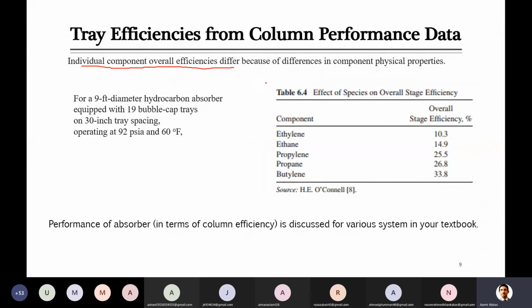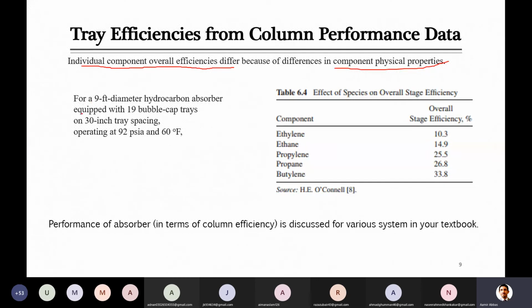The variation is due to the different physical properties of each component. As you can see in this table, various components are mentioned, ethylene, ethane, then up to butylene, and the overall stage efficiency for the column is given when you are performing, for example, the absorption of ethylene, then separately ethane, and so on.